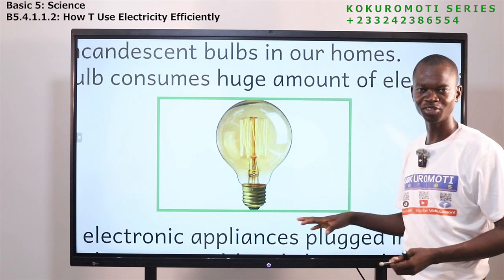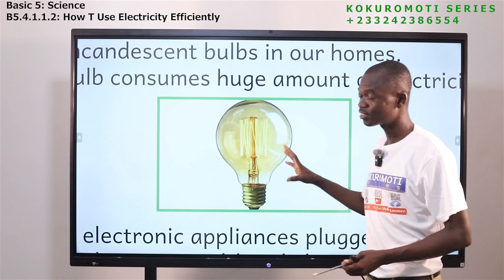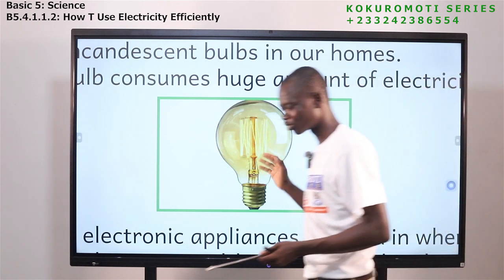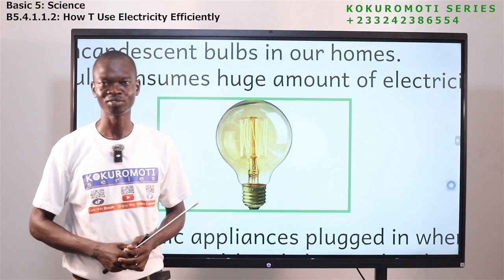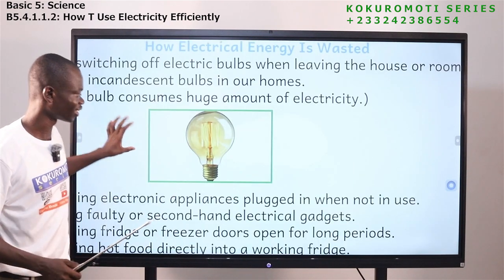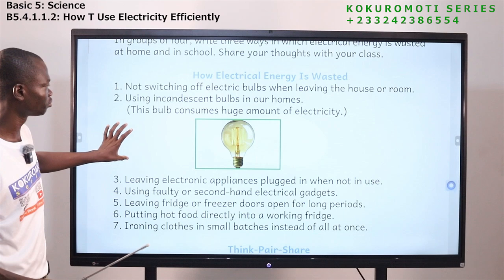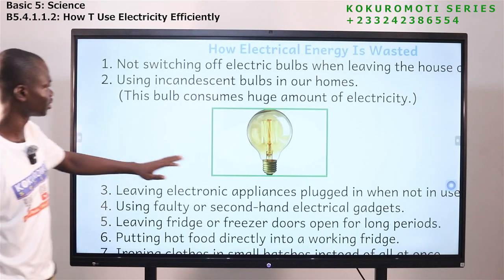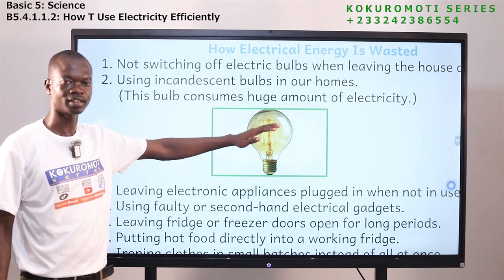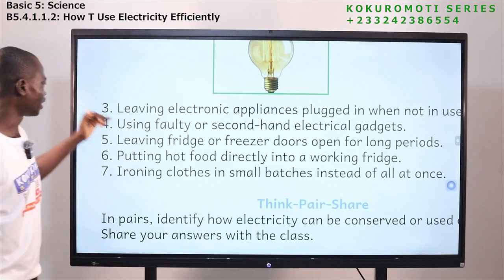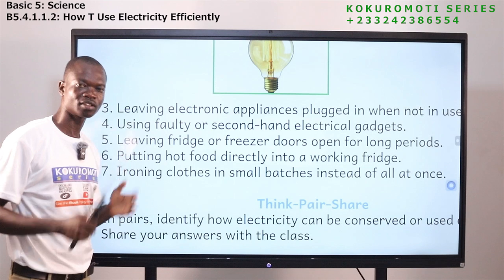If you have this in your room, you should know that because of this, you pay more for using electricity, because it consumes a huge amount of electricity. So this is an incandescent bulb.